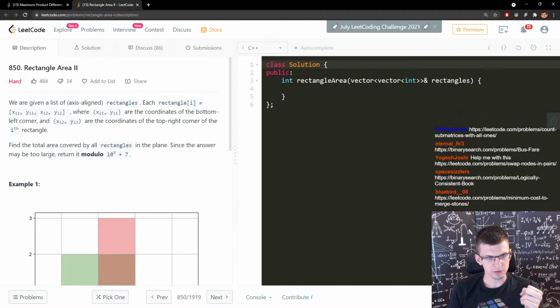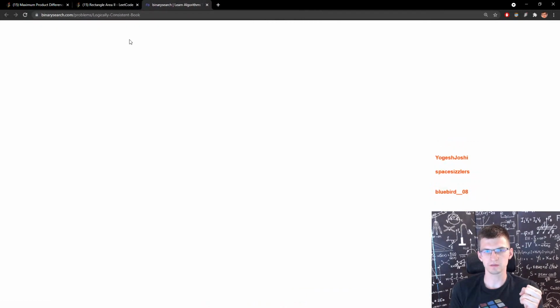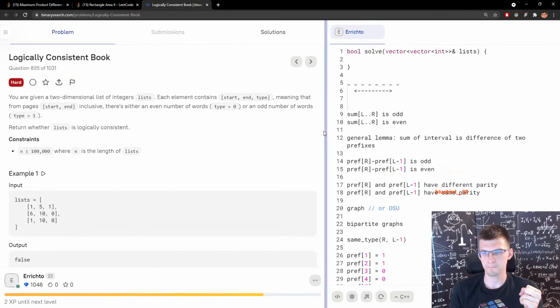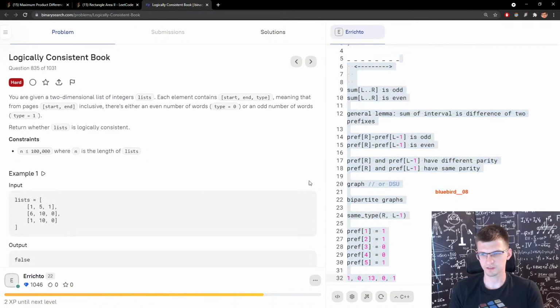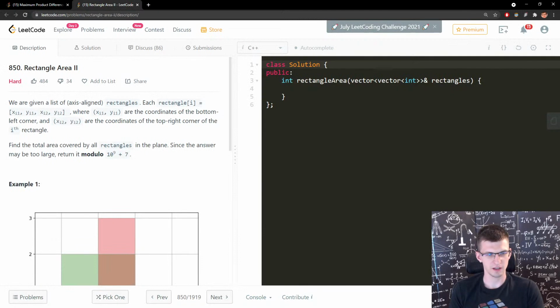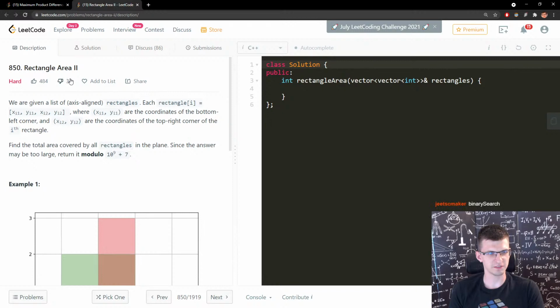And let's see, what do we have from binary search? Well, I see that I already solved it. At least I moved towards solving it, so we will skip that one. Okay, this one, unless somebody thinks that it's very ugly or stupid.